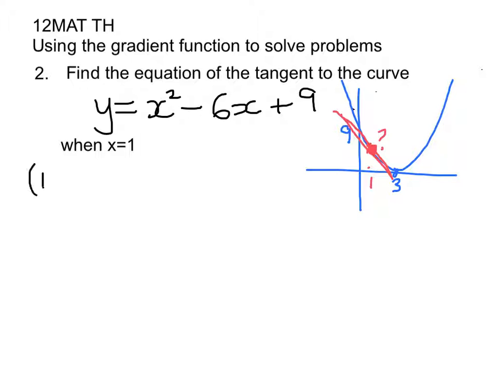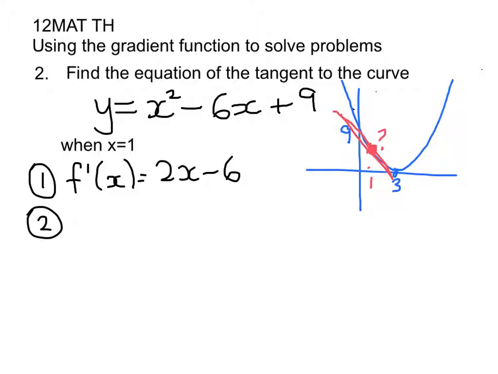So the first step is to find f dash of x. So again, that's 2x minus 6. And now we're trying to work out what's the equation of the tangent to the curve for x equals 1. So there's a few things you can do next, but you might as well figure out what's the gradient at x equals 1.